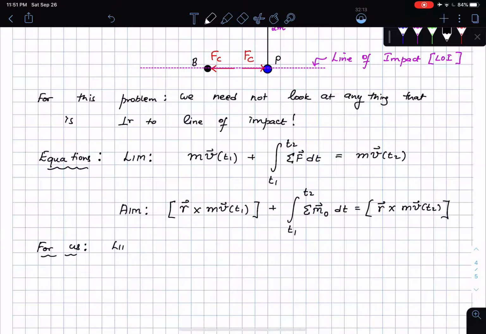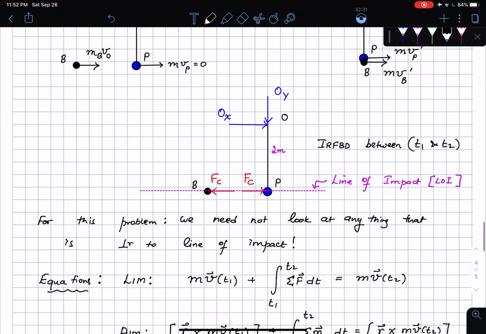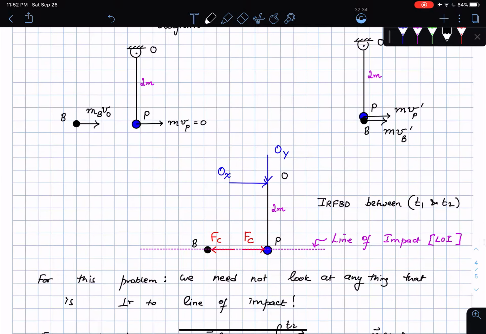So for us, once again, LIM is only along the line of impact direction in this problem. Because I know that the impact event is taking place in the horizontal direction, and right after impact those two guys are sticking to each other, which means that this pendulum is at this point in time about to start traveling.